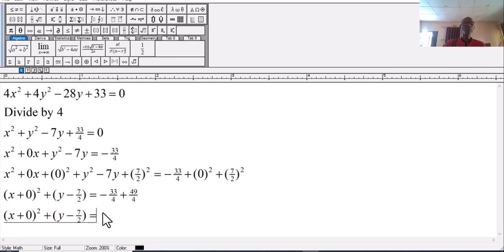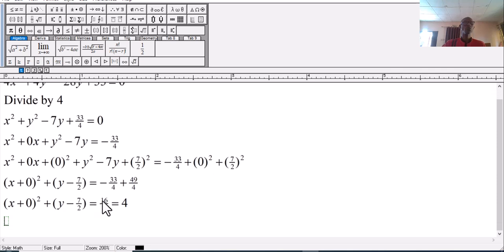If you subtract this, this will give you 16 over 4, which invariably is 4. Let me put this to this side.